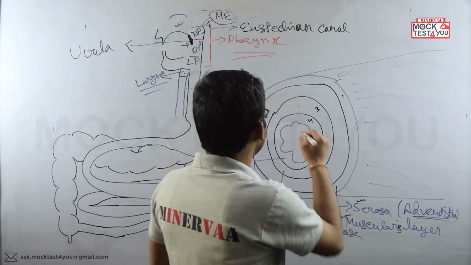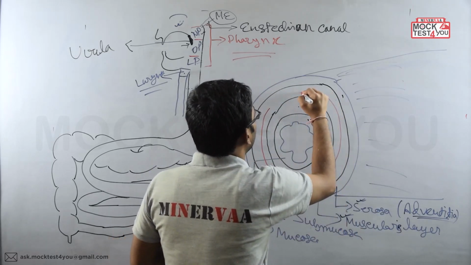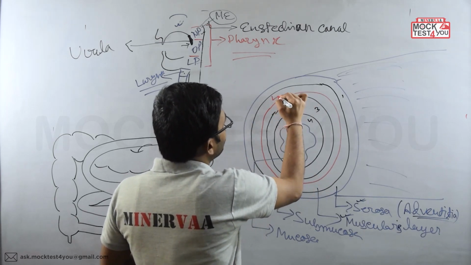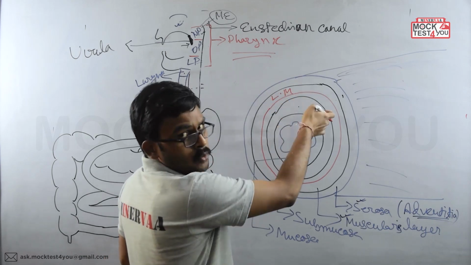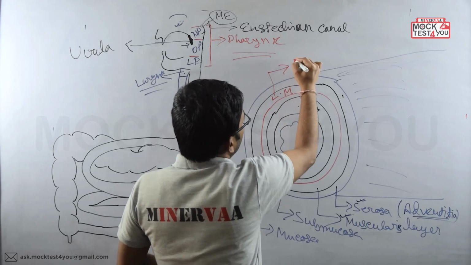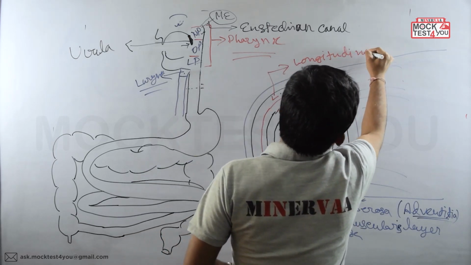So what are those two layers? Outside we are getting the layer of longitudinal muscle, okay. Outside we are getting what? The layer of longitudinal muscle.